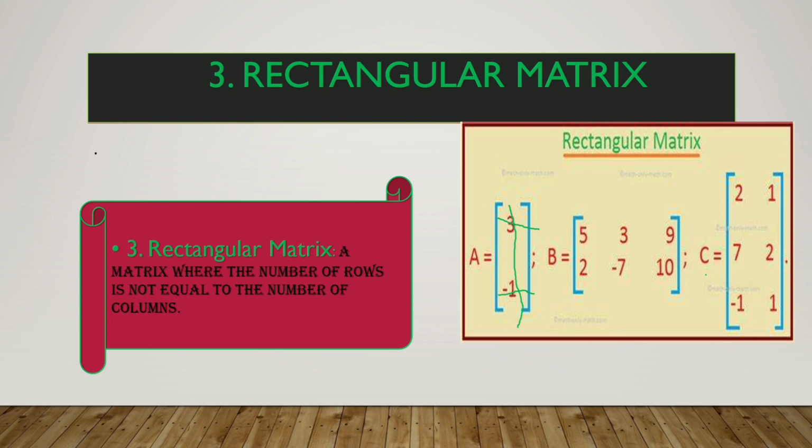Nanone iyi ifite row ebyiri, noneho iyi ikagira column eshatu. Ubwo bashatse kuvuga ko iyo dubonye matrices yacu ifite row zitangana na column iba ari rectangular matrices.